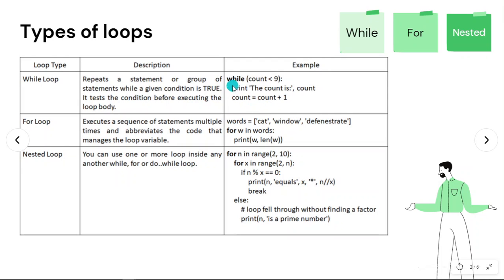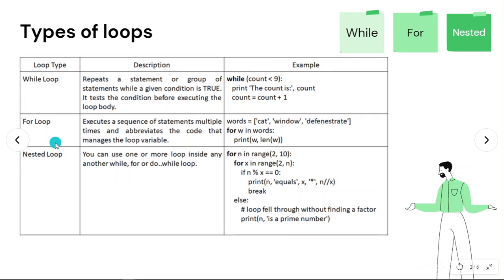You can check the space before the print and count, so that the compiler understands that this statement is within that particular while loop only.